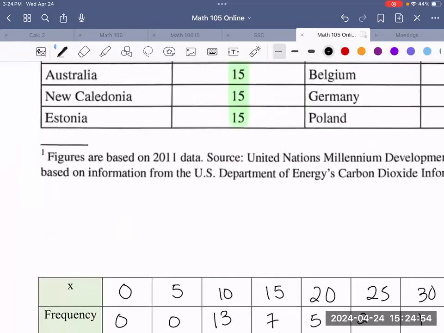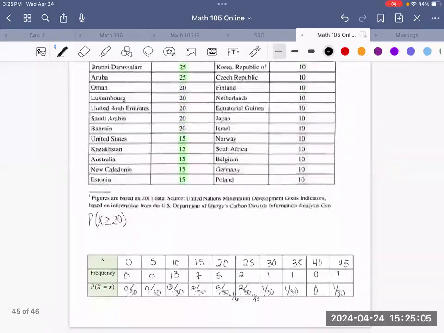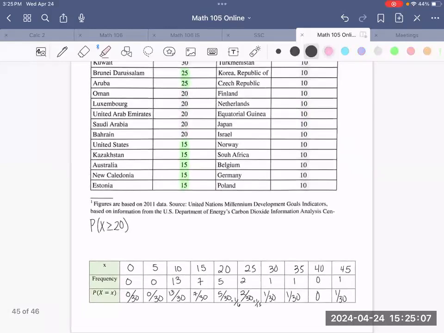Now let's figure out the probability when x is greater than or equal to 20. Well, what are the values that are greater than or equal to 20, right? Well, x values that are greater than or equal to 20 are spanning right here. So if you wanted to, you already did the hard work with calculating the probability.